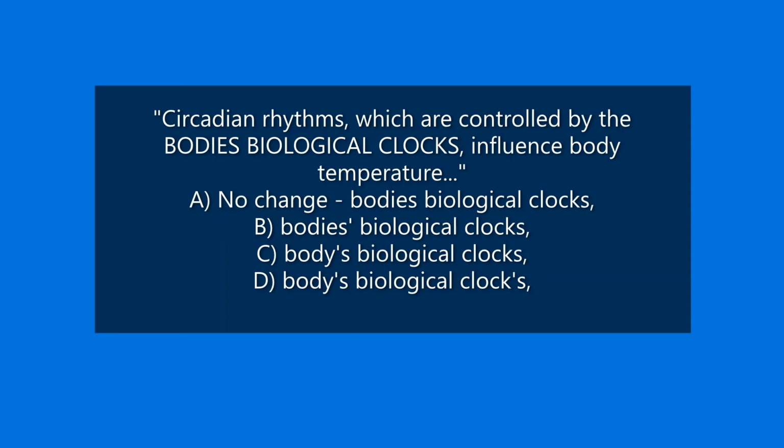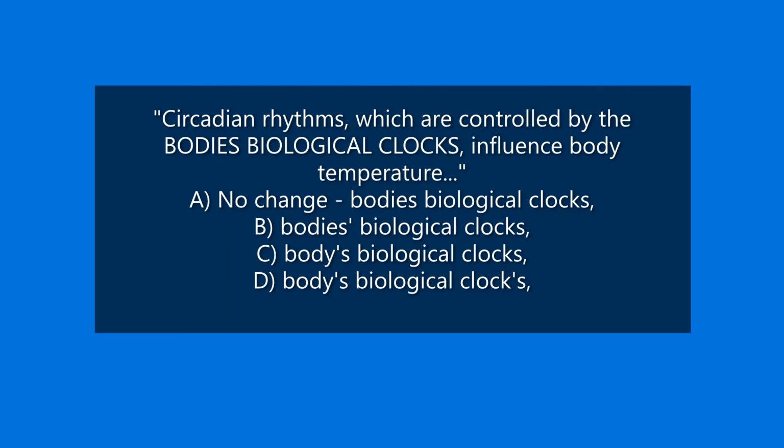Let's look at clocks now. So biological clocks. Is this a plural or a possessive or a plural possessive or a contraction? Well, it's definitely not a contraction, right? Because we're just talking about clocks. There's no two words being squished together. Is it a possessive? Is the word clocks being used to own something or to describe something?